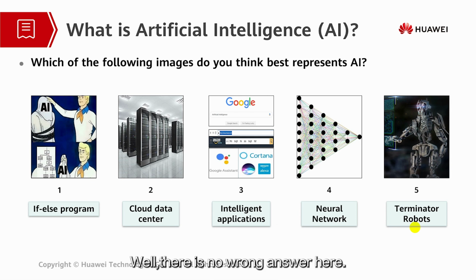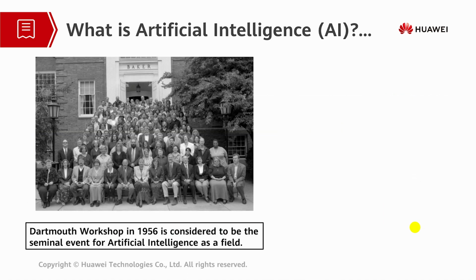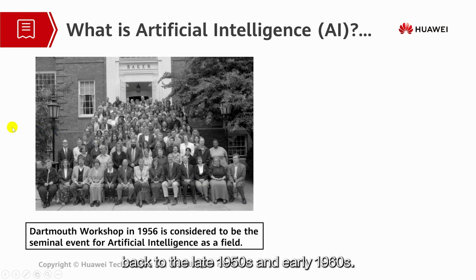Well, there is no wrong answer here. This is because the definition and capabilities of AI have kept changing throughout its development. Let us briefly explore this development background. The history of AI can be traced back to the late 1950s and early 1960s.